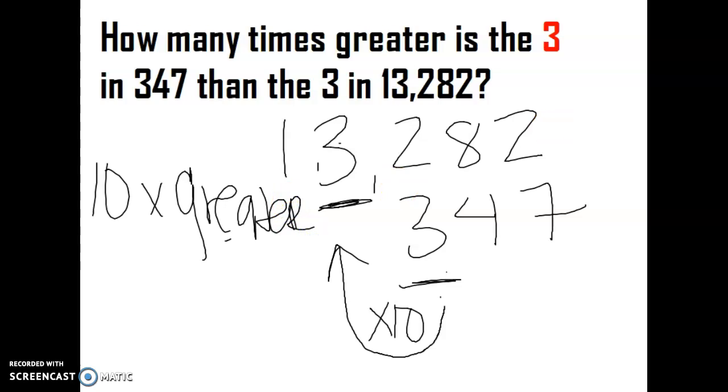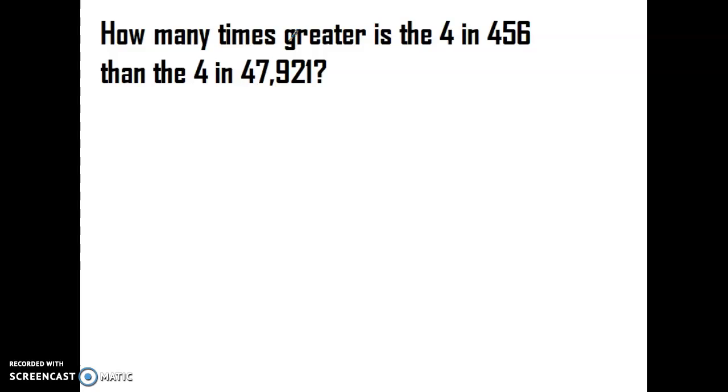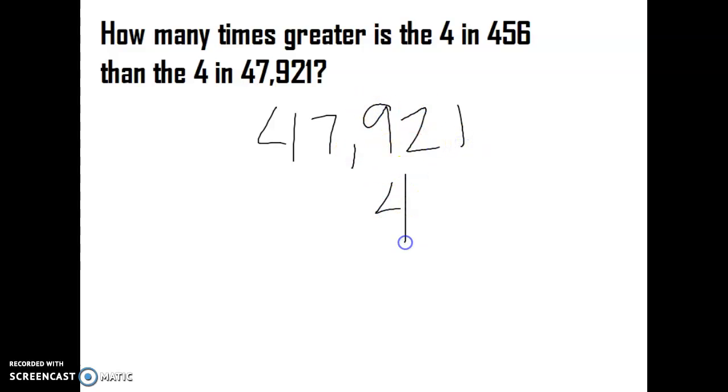All right, so let's look at the next problem. How many times greater is the 4 in 456 than the 4 in 47,921? So I wrote both of my numbers down. I'm going to underline the 4's and see how many times greater that is. So we have to remember our loops.